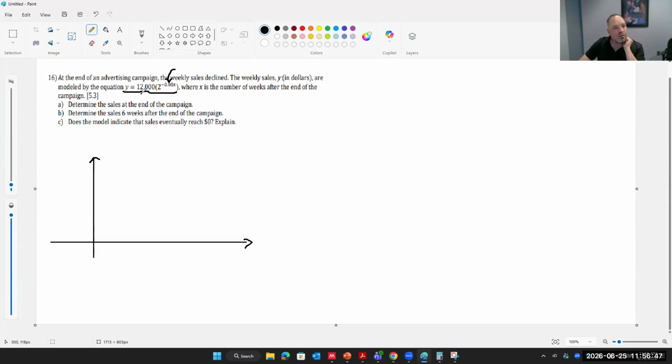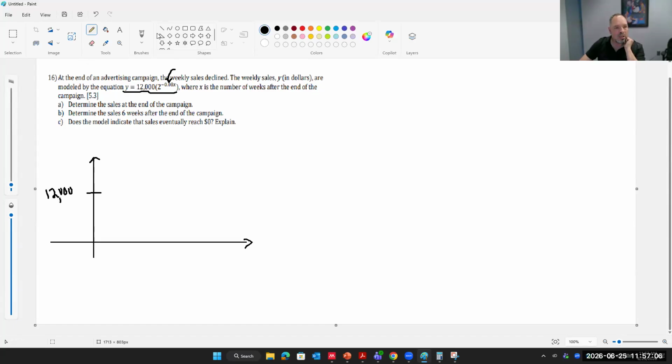That said, the other thing that is being indicated is the starting point, which is 12,000. So knowing that is really key to understanding this problem.